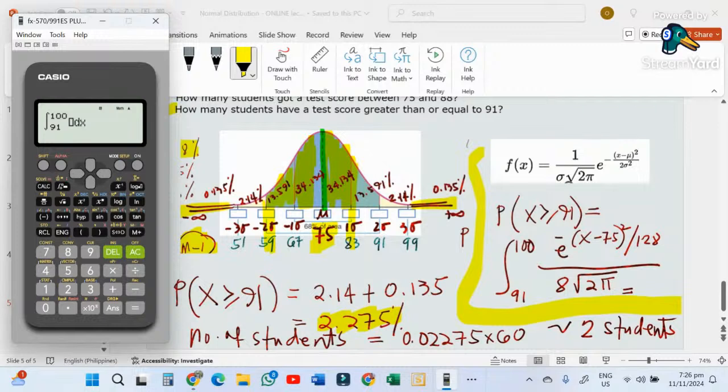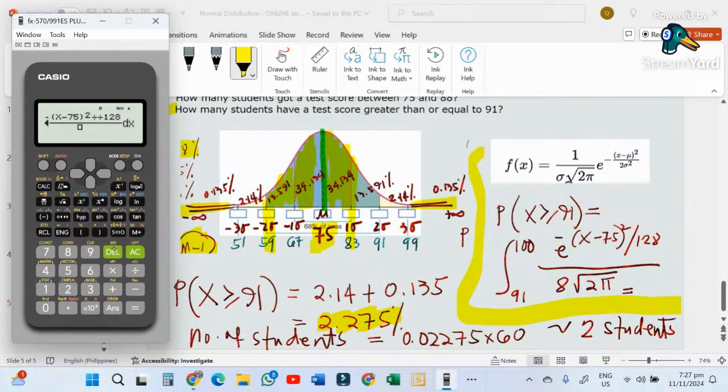Okay, so we need a fraction here, and that will be shift ln, that will be an e to the negative, an open bracket, x minus 75, close bracket, squared. And you have to divide whatever you've got there for the power by 128.